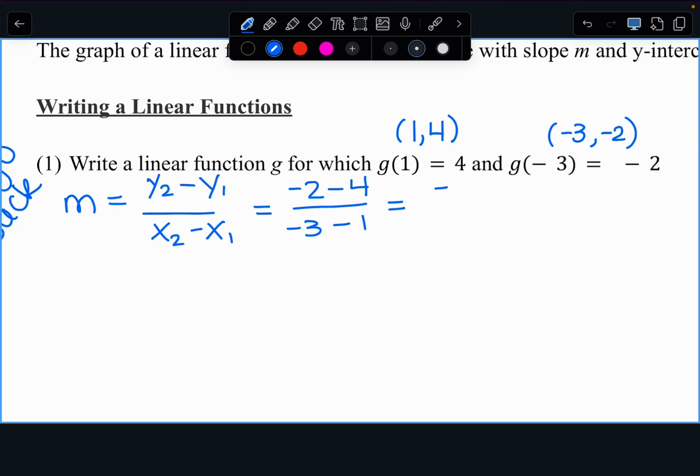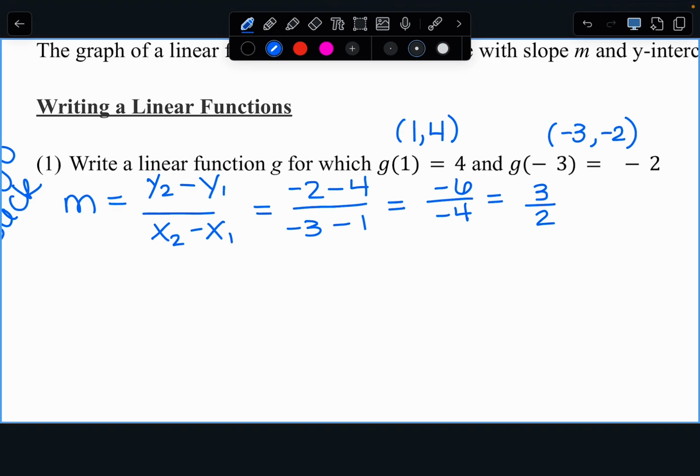This gives us -6 over -4. And when we simplify, that's 3 over 2. Again, our slope is 3 over 2.